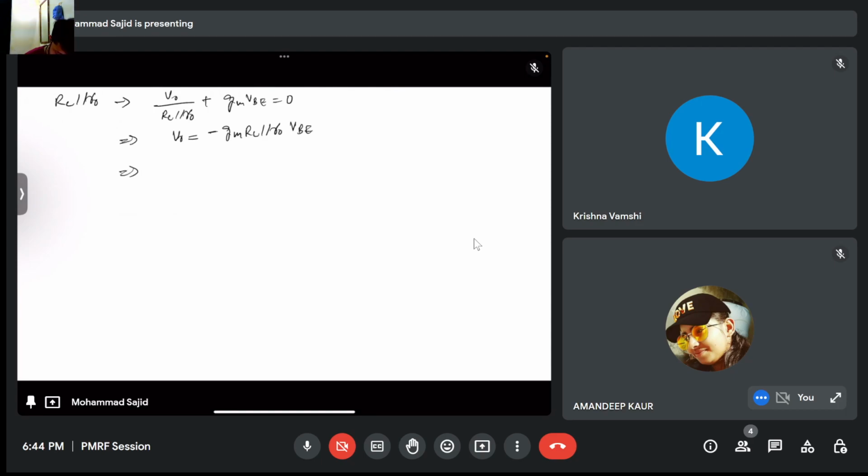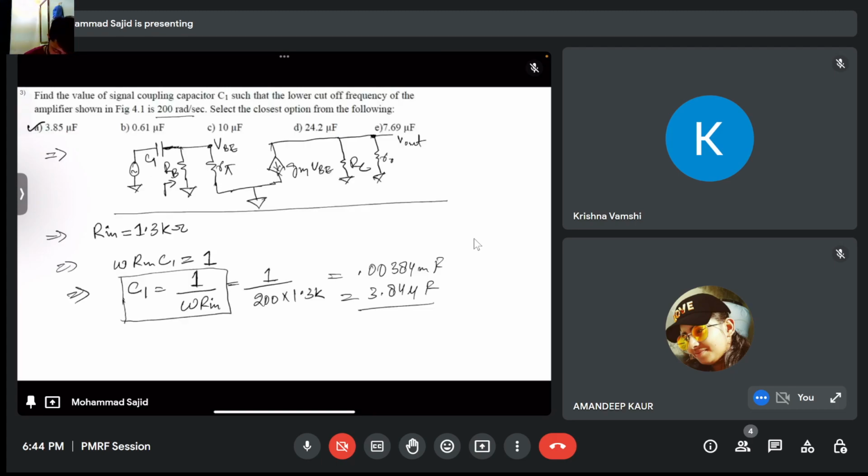So now if we have to find gain, we have to find VBE in terms of the source voltage or AC signal, that is V in, given here as Vs. So now can you find what is VBE?